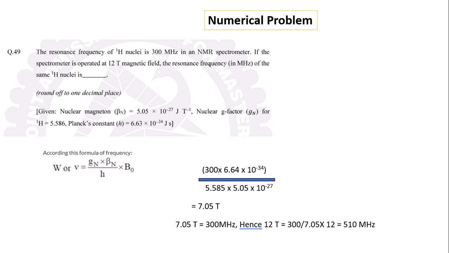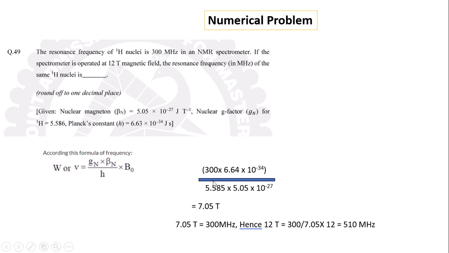And this is a numerical problem from NMR spectroscopy, where the resonant frequency of the 1H nucleus is 300 MHz in an NMR spectrometer. If the spectrometer is operated at 12 T, that is a 12 Tesla magnetic field, what is the resonant frequency of the 1H nucleus? The gyromagnetic ratio of the nucleus and the magnetic field are related by the Larmor frequency, that is the precessional frequency, by the following relation.